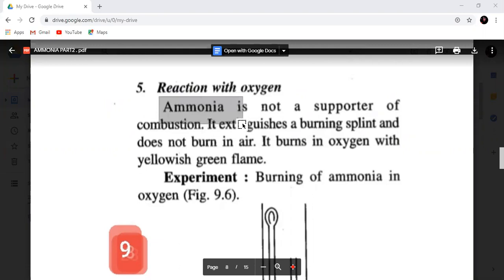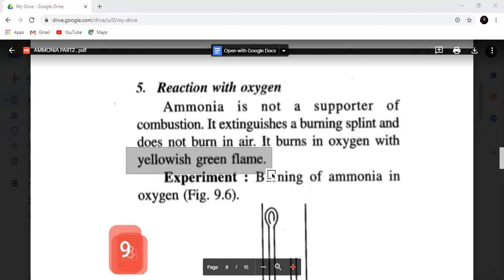It can extinguish a burning candle or burning splint. Another thing, when ammonia burns in oxygen, that is the observation: it gives a yellowish green flame. I am repeating, it gives a yellowish green flame.